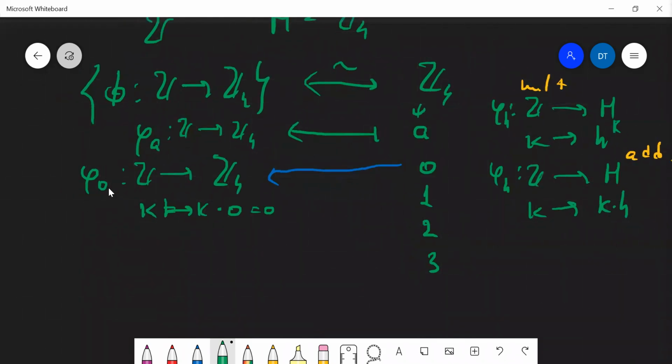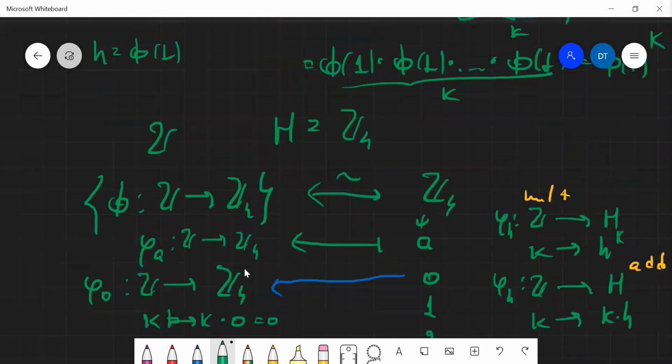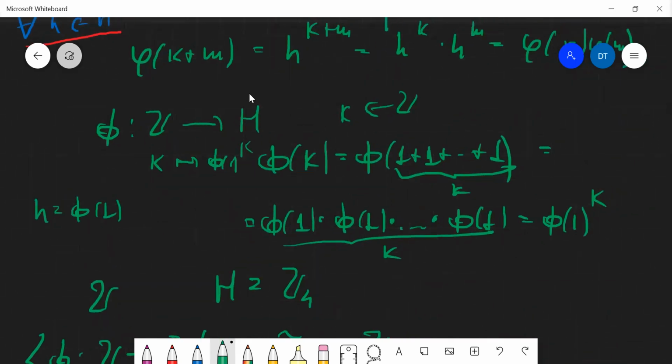And why are there no other homomorphisms? Here was an attempt to explain this. Because if you take an arbitrary homomorphism, let's apply this homomorphism to an arbitrary element k. What is k? k is the sum of the element 1, k times.